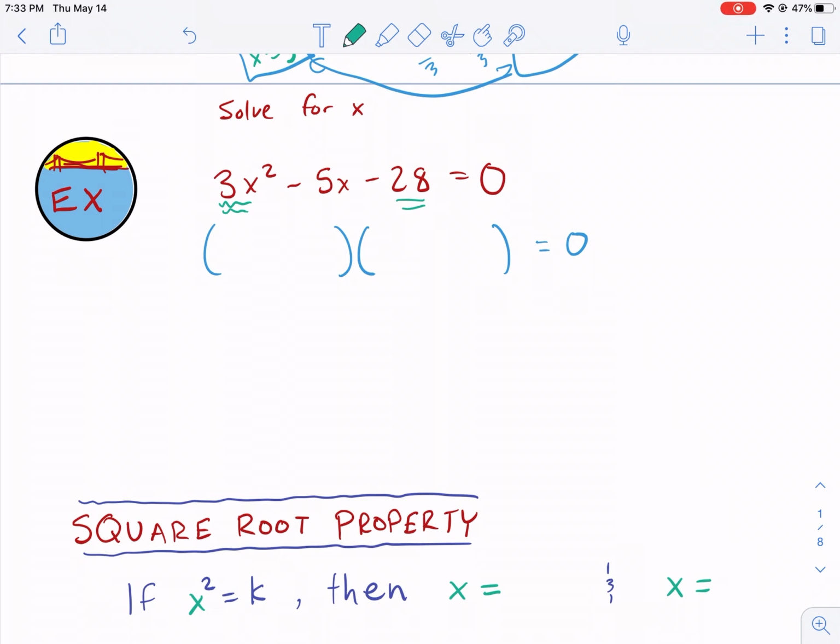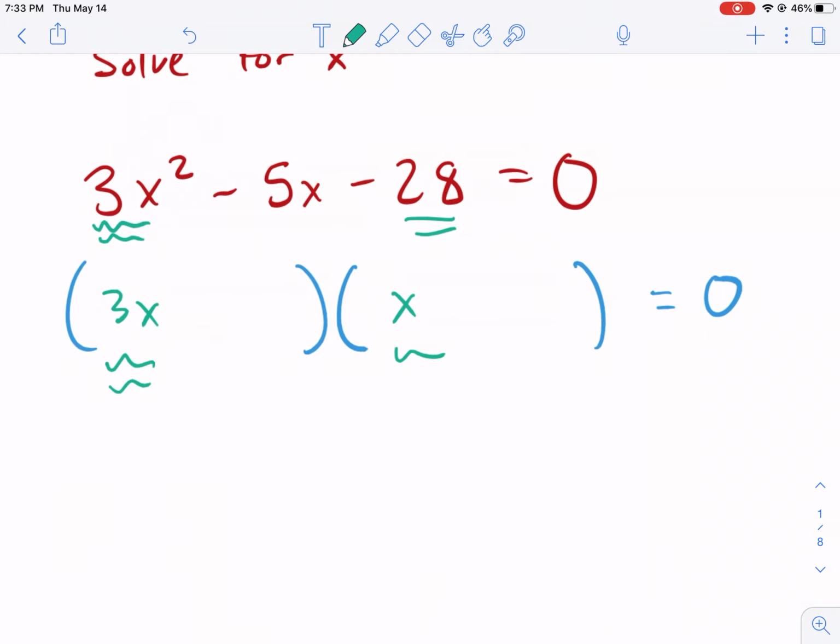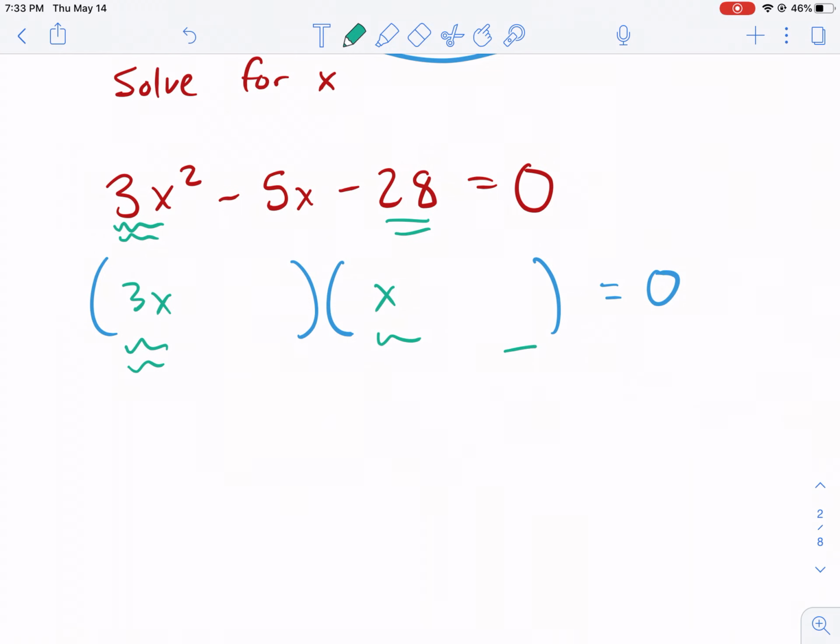I don't like the AC method of finding the factors. I just like to put 3x and x, and then play around with different factors of 28 that go in here, so that once I FOIL it out, it will equal the trinomial above. Okay, and I'll show you what I mean by that.